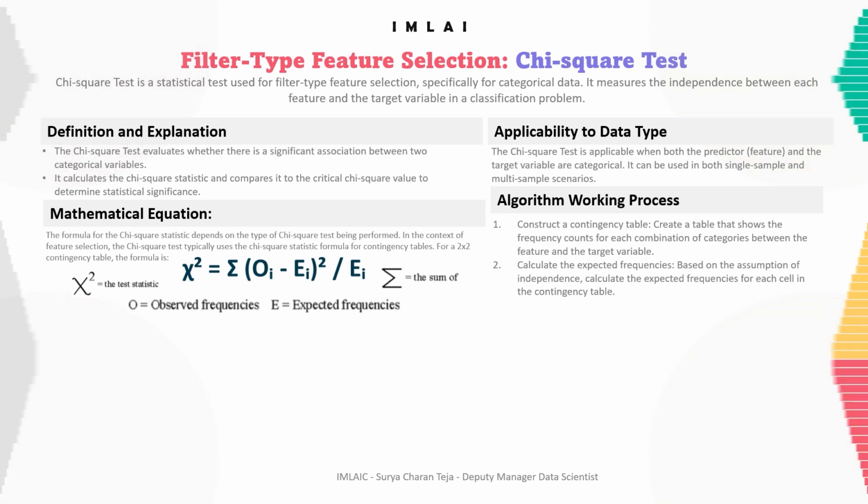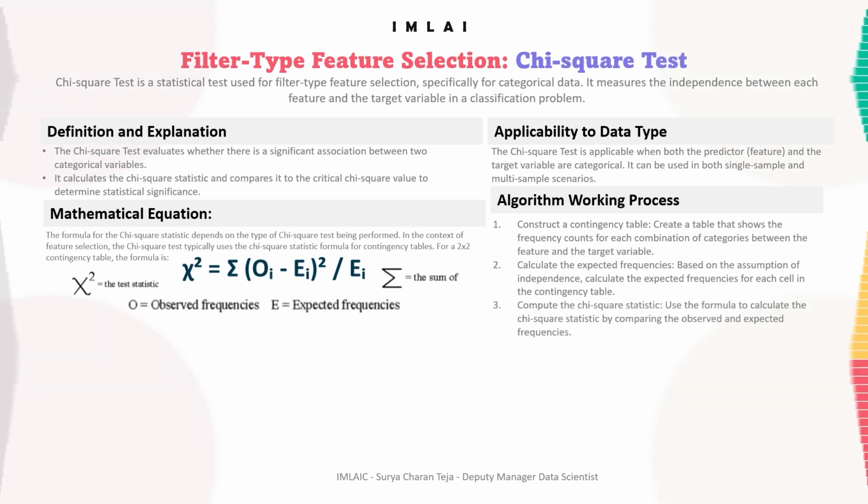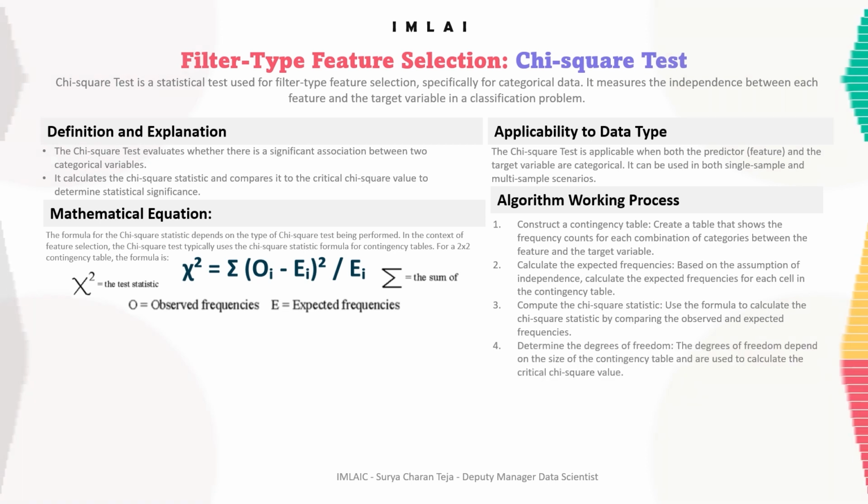Then we determine the degrees of freedom. The degrees of freedom depend on the size of the contingency table and are used to calculate the critical chi-square value. Then we move on to the comparison: determine the critical chi-square value for the chosen significance level, for example alpha of 0.05, and compare it to the calculated chi-square statistic.